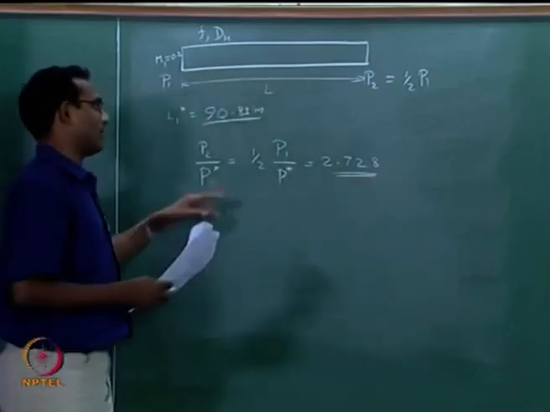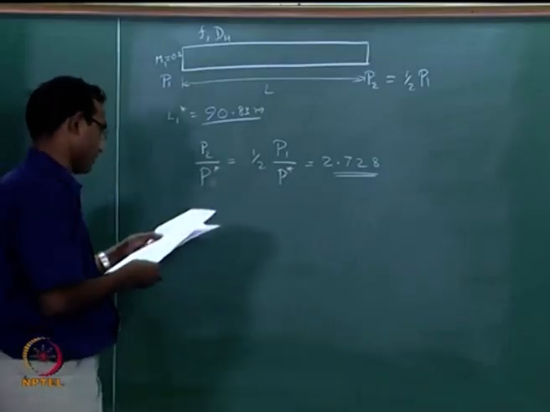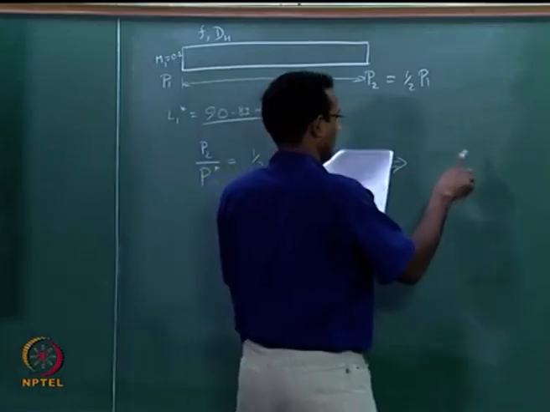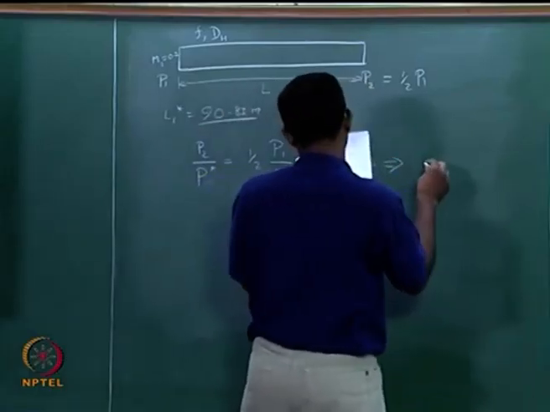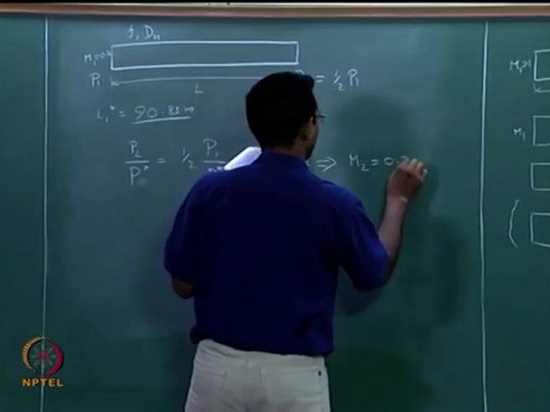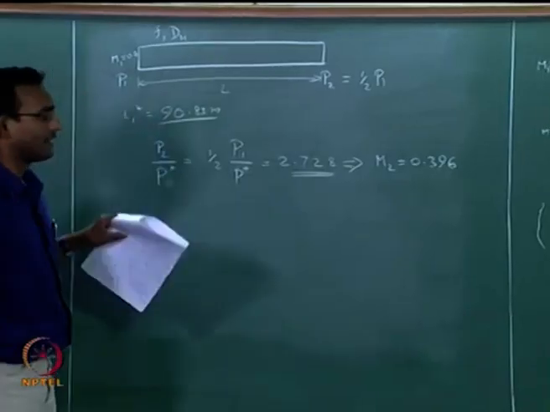That is, I already divided by 2 to get to this answer. Now, this from my tables, gamma equal to 1.4, and this P by P star will give me my M2 as 0.396. This is the value I get.